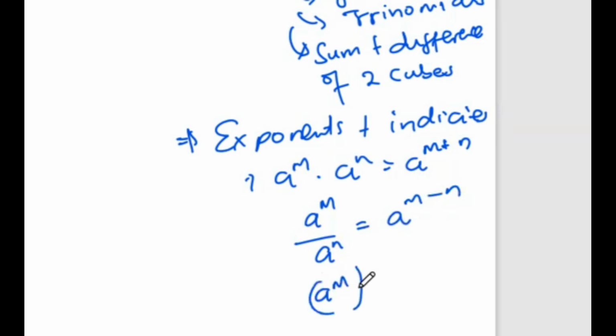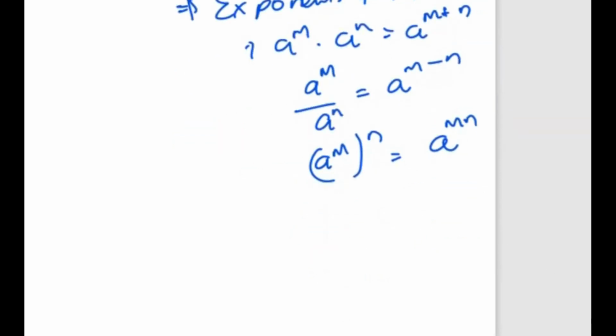An exponent raised to another exponent would be in this format. Then, anything to the exponent of 0 is always 1. That's under the definitions, so the laws and definitions of exponents we need to at least remember.